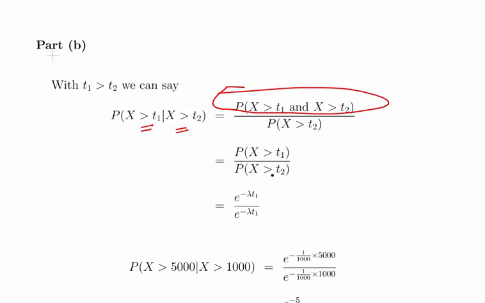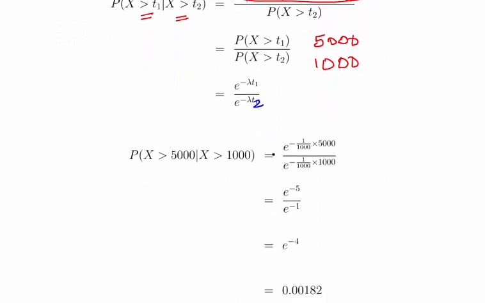So it's essentially the probability of X greater than t1, here that's 5,000, over the probability of X greater than t2, and t2 is 1,000. A little typo there. Essentially what we do is just work out e to the minus lambda t for 1 and 2.